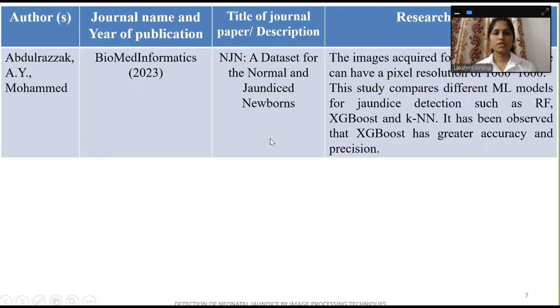In the last paper, a dataset for normal and jaundiced newborns, the authors provide different data sets to detect the level of bilirubin from the neonates' images. Mainly, they have used three machine learning models, which are RF, that is random forest, XGBoost, and also the KNN algorithm.